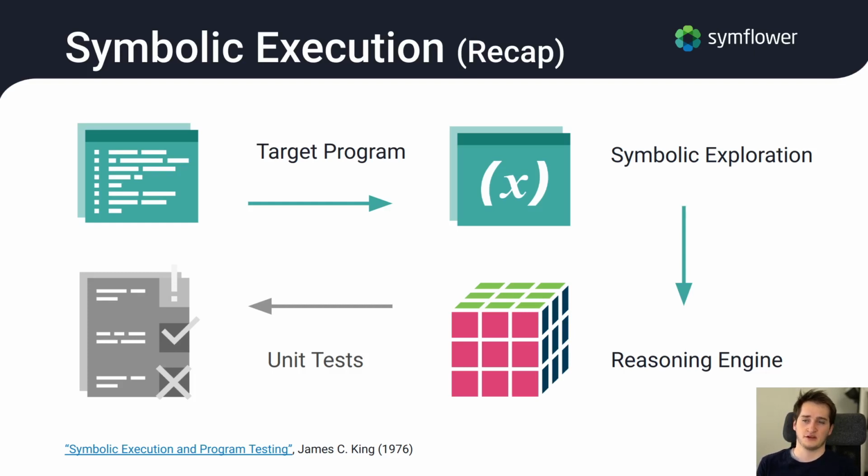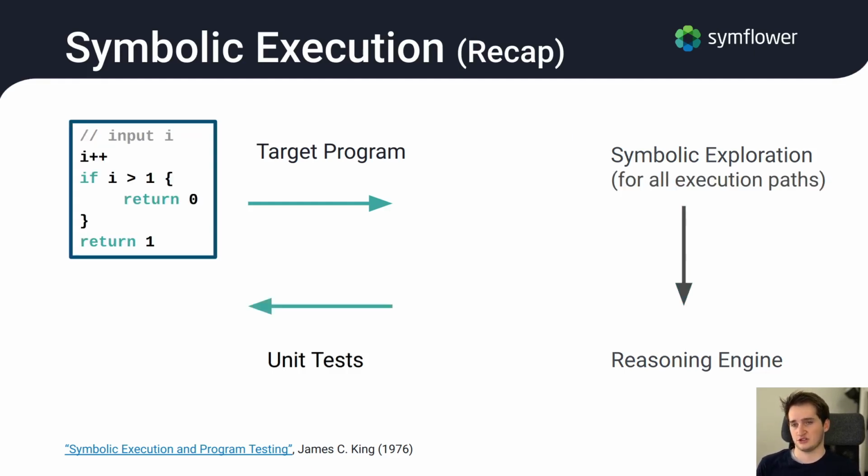We can then use a mathematical reasoning engine to inspect all of the possible paths and see which of those are reachable in practice. And then what we at Symflower do on top of that is we generate unit tests from the solutions we get. This is not part of King's original design, but this is what we do as well.